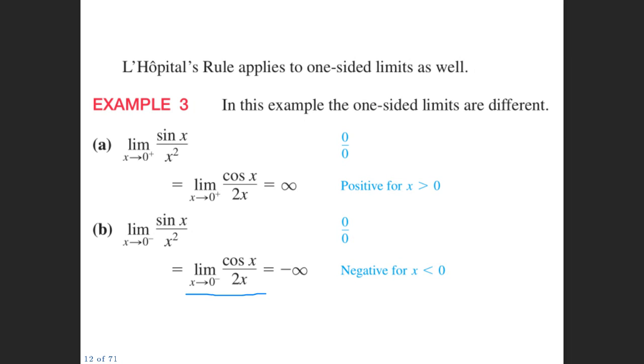Cos x is almost 1. It's very close to 1 if x is close to 0. So we could imagine that actually we have 1 divided by 2x. When x tends to 0 from the left, that's going to get larger and larger, but also more and more negative. So the limit is equal to minus infinity.